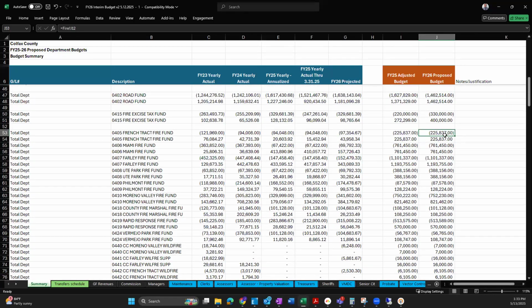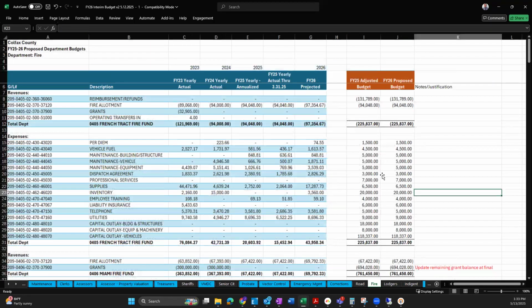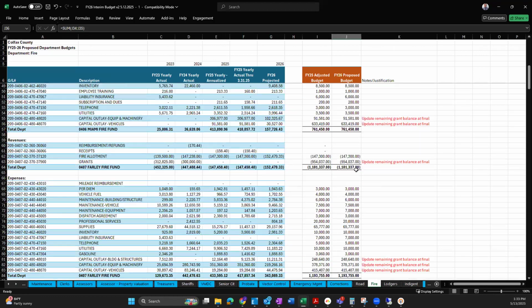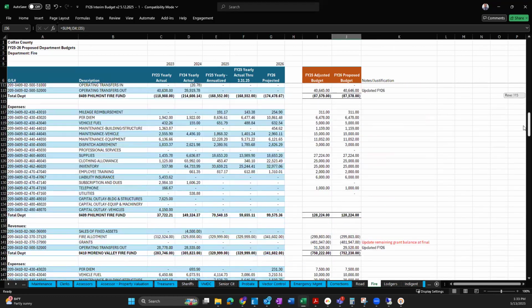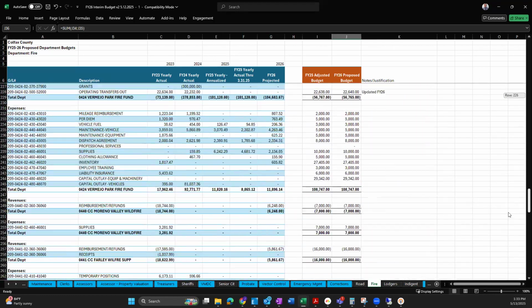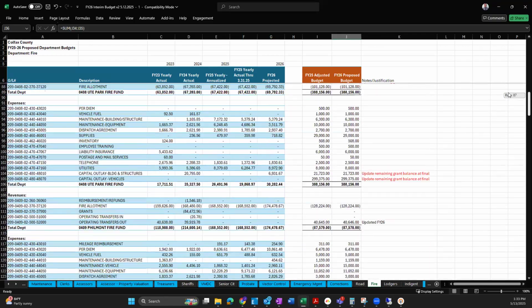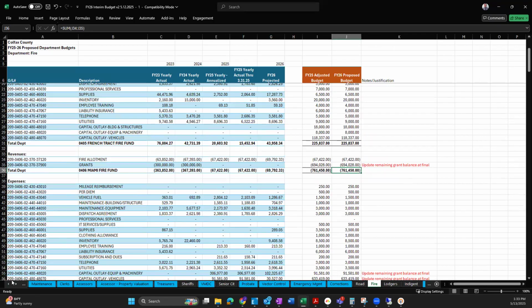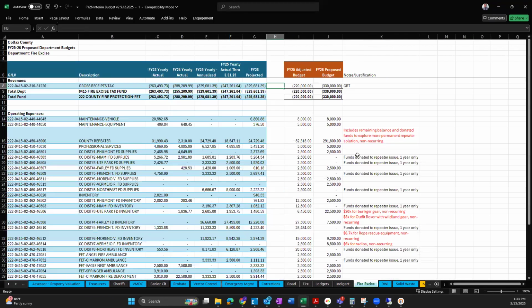Fire funds, these are mainly consistent with the prior year numbers. There was one kind of big change that was requested, and that was, let me scroll down here, to provide funding for a repeater. I wanted to see, maybe it's in the fire excise tax fund. Yeah, okay.